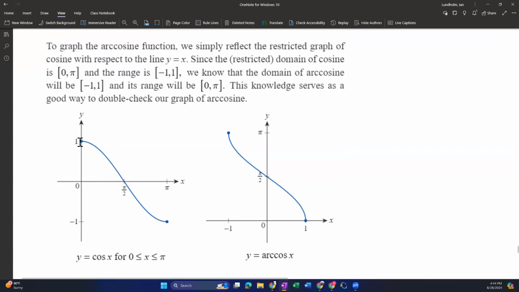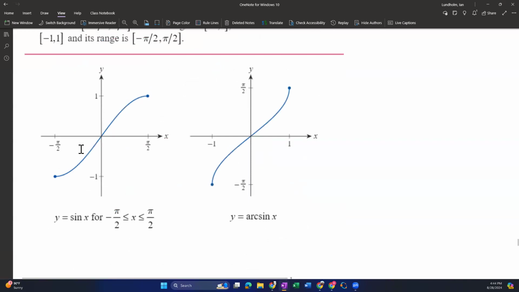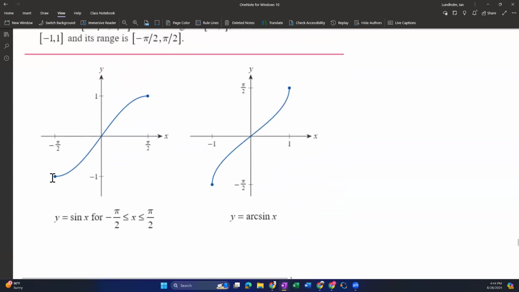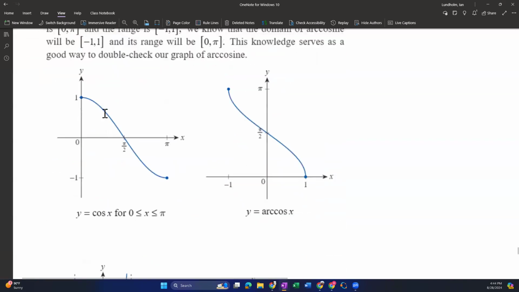So that's what allows us to cover all of the domain and range that we're interested in, and doing the inverse of that allows us to graph arc cosine this way. There's just a little bit different domain chosen for cosine and sine when we're thinking about inverting them, but it's just because of the symmetry of these functions, and we want to capture all of the y values here so they show up as x values here.